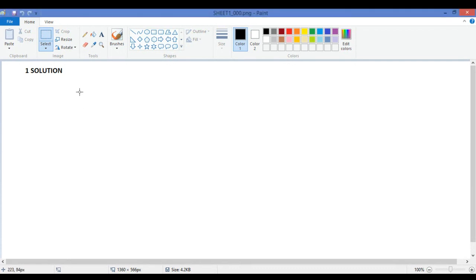So now let us solve. There are two skills you need to learn in number conversions from one base to another. The first skill is you should know how to convert a number which is in base 10 to any base.